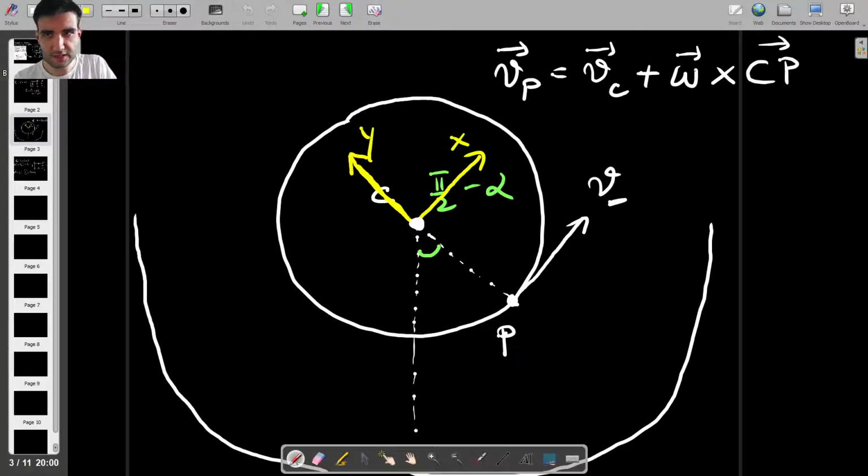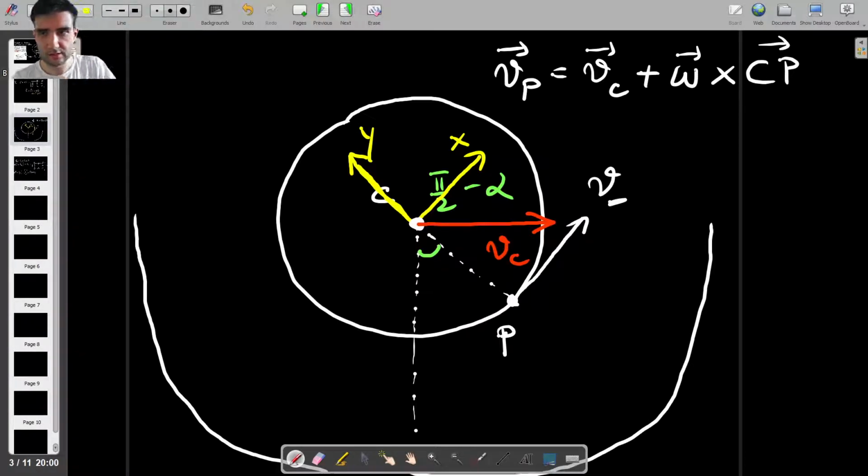So the velocity of c that we got is actually this red arrow, which I'm going to call Vc. Okay, so now we actually have to find the components of Vc along the new x direction and along the new y direction.